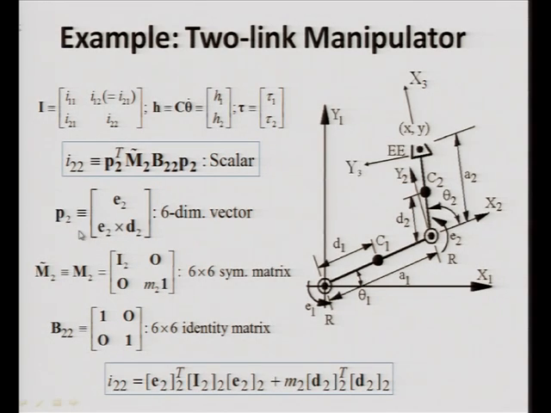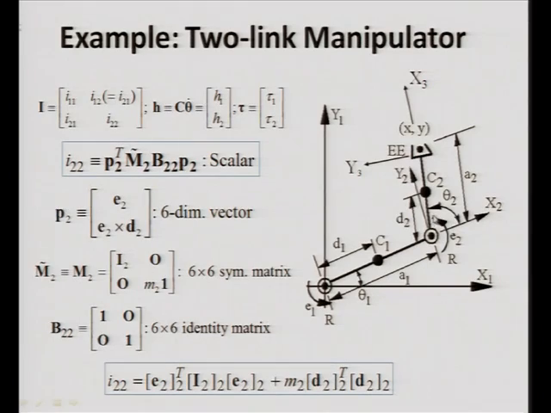And as I told you, and I am repeatedly emphasizing this point, I do not want to use the computer at this stage, because my interest is to know what the contributions of different parameters are on the dynamics of the robots. So, P2 consists of E2, the unit vector along the axis of rotation of the second joint, and E2 cross D2, where D2 is the vector denoting the mass center of the second body from the point of your joint here.